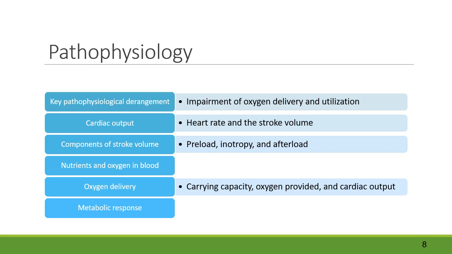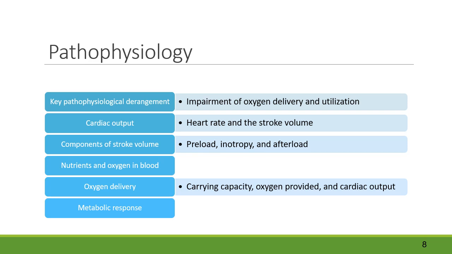Next, let's talk about the components of stroke volume: preload, inotropy, and afterload. Preload is measured as the central venous pressure and is a representation of the amount of volume in the heart and the great vessels, and is dependent on adequate venous return.